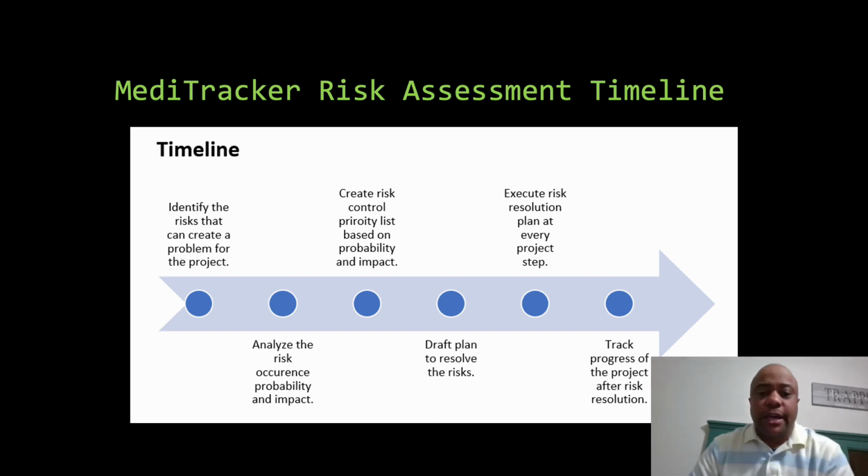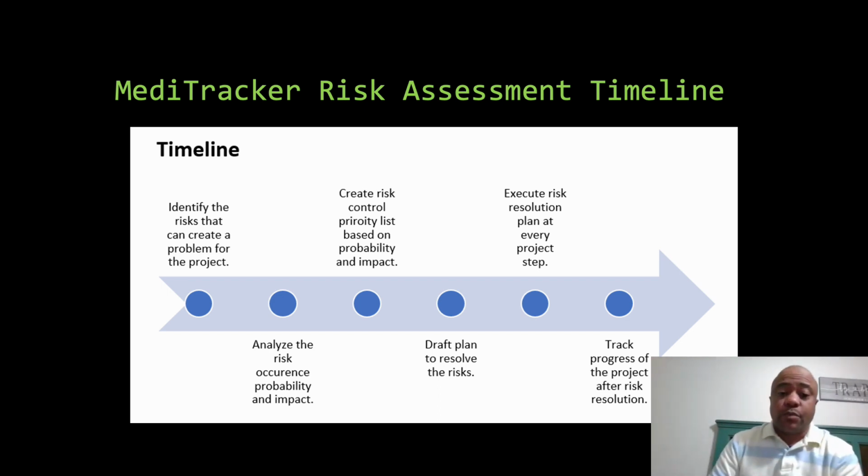This was the timeline that our team was working with. The first step was to identify those risks that would create a problem for the project. A lot of that was just focused on scheduling and if there were any known blockers. Next was to analyze the risk occurrence and the probability of that risk happening, and then the impact.